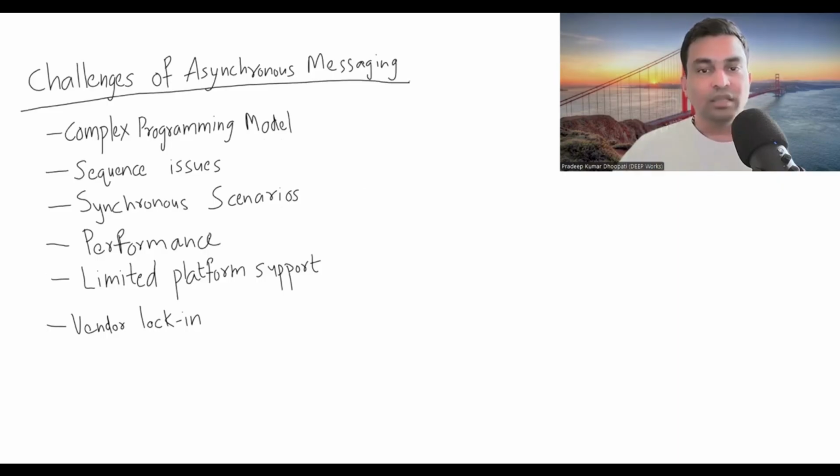Having said that, in this session, we will try to uncover some of the challenges of asynchronous messaging. Asynchronous messaging is not a remedy for all your integration problems. I'm sure it can solve many of the challenges of integrating disparate systems in an elegant fashion, but it also introduces some new challenges. Some of these challenges are inherent to the asynchronous messaging model, whereas others are specific to the messaging system that's being used.